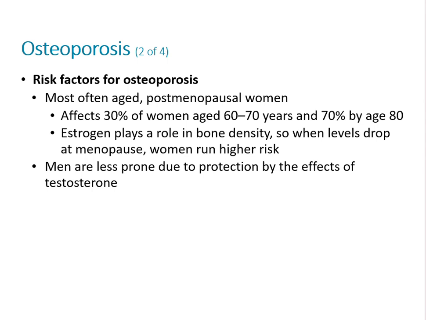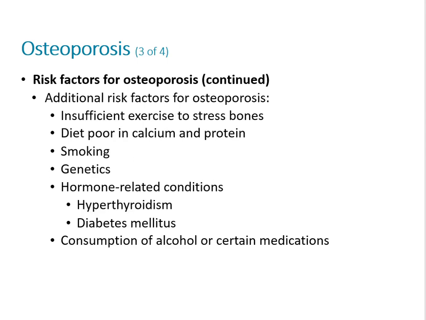And after menopause, that's when women run the highest risk for developing osteoporosis. And then men are a lot less prone due to the protection that they're given by the effects of testosterone on bone. And we see less of a drop in testosterone, or a severe drop in testosterone, over a man's life compared to a woman with her estrogen.